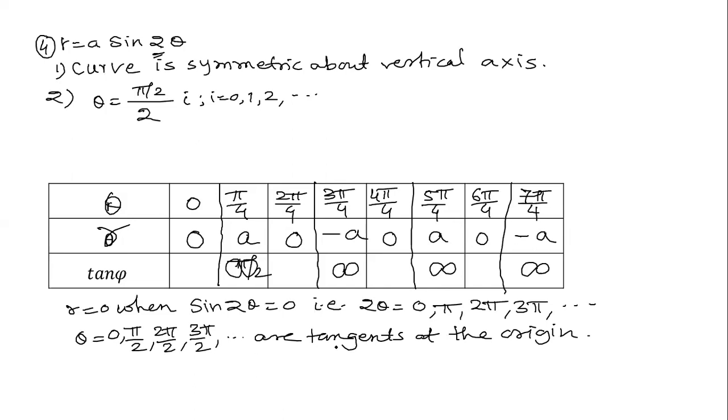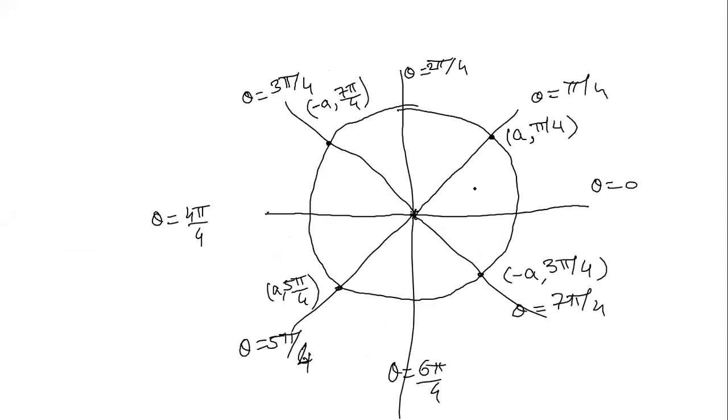Okay, so we have to take care of all these things, and now see, theta equal to pi by 4, r equal to a. So we are going to draw a loop. At this point phi is equal to 90 degrees, meaning the angle between the radius vector theta equal to pi by 4 and the tangent is 90 degrees, so this line must be the tangent.